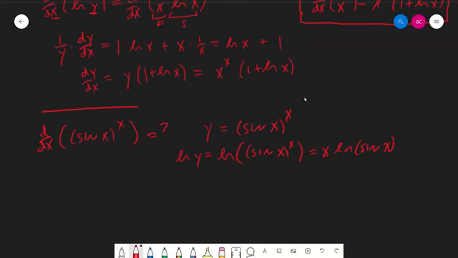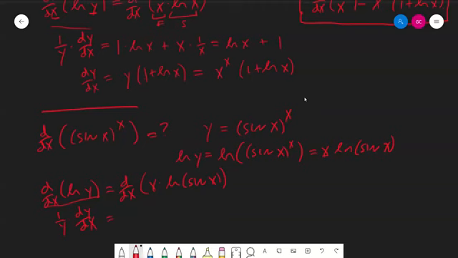Now we take the derivative of both sides. So d dx of ln of y is d dx of x times ln of sine of x. On the left, again, we get 1 over y times dy dx. This is exactly the same left-hand side that we had before. And the right-hand side, again, is a product rule problem.